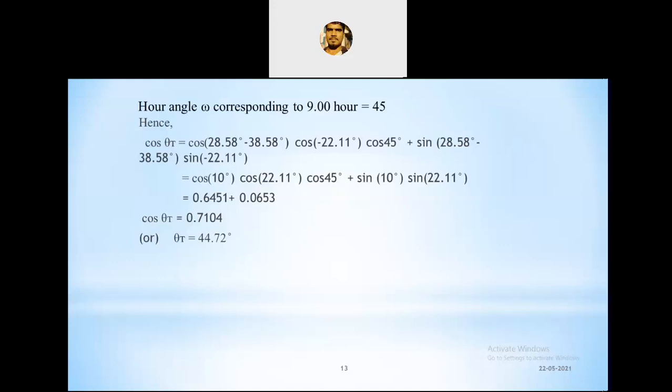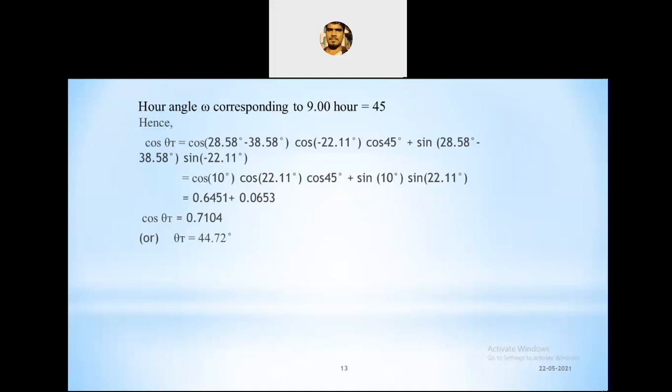So the hour angle omega corresponds to 9 a.m., which is given. For 9 a.m. that omega is equal to 45 degree, meaning at 9 a.m. for that latitude the hour angle becomes 45 degree.